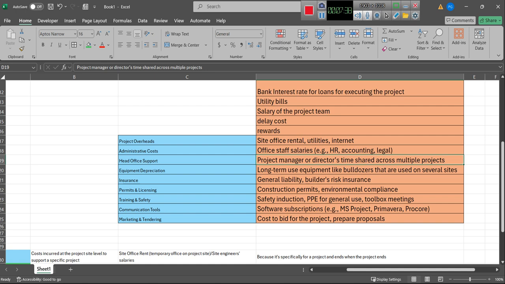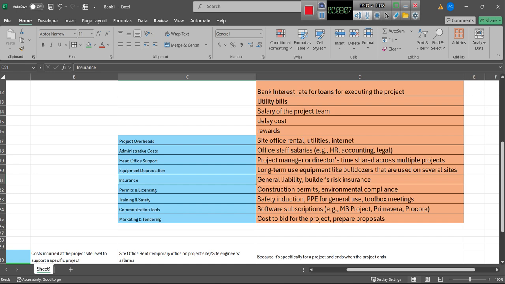Then you have equipment depreciation. Long-term equipment like bulldozers and excavators are used on several sites, so you have depreciation. Sometimes if you buy it new, it's a different calculation. Then insurances: general liability, work cover, and builder's risk insurance go that way as an indirect cost.